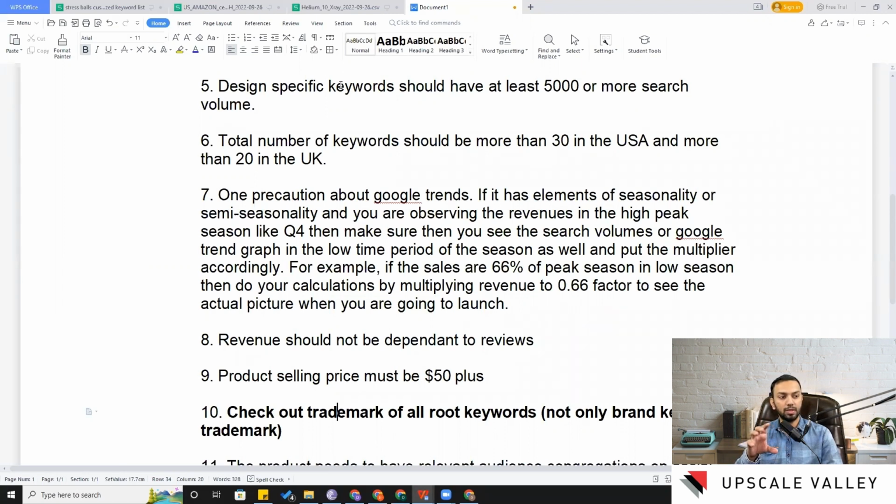We need to make sure that all the root keywords are not trademarked, or even if they are trademarked, they are trademarked by companies or owners who are not selling on Amazon, and whose niche is altogether different from the products on Amazon. Let's say stress ball can be held by a psychiatrist, a service agency, or maybe a restaurant chain.